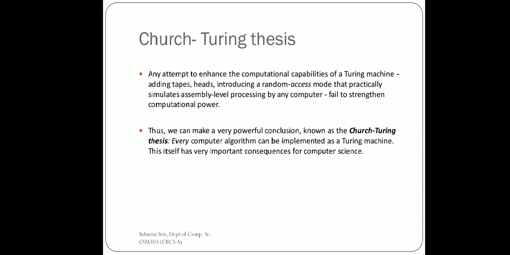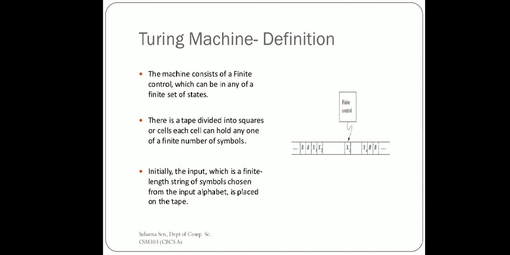The beauty of the Church-Turing thesis is that it proved that every computer algorithm can be implemented as a Turing machine. Okay, so let us directly move to the definition of a Turing machine now. The machine consists of, you can see, a tape, and some symbols x1, x2 are written, some blank symbols are written, and a finite control is there.